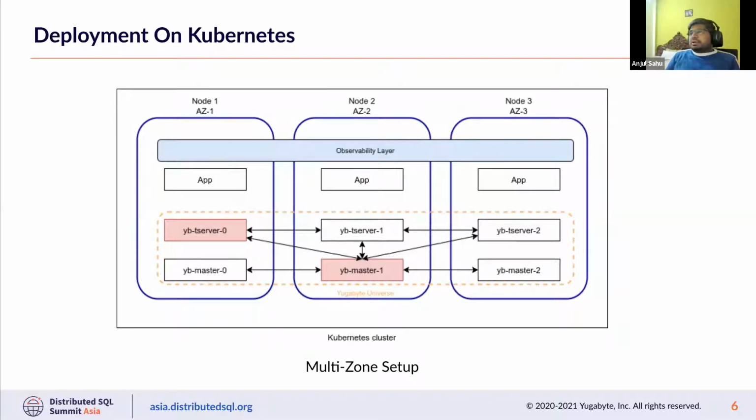The set of nodes, the tablet servers and the masters, is called a Yugabyte universe in Yugabyte terminology. On top of that, you can have any number of tablet servers where your data will be stored in the Kubernetes cluster.